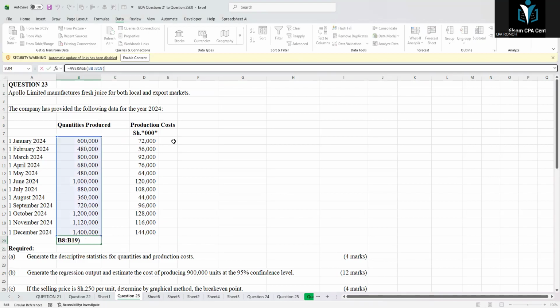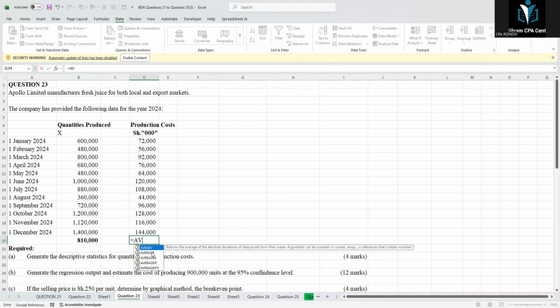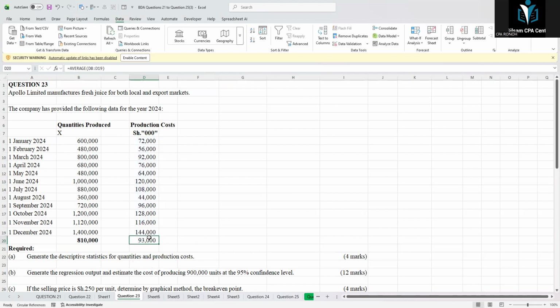If you get the average, you'll get 810 for X, and for Y the average is 93.